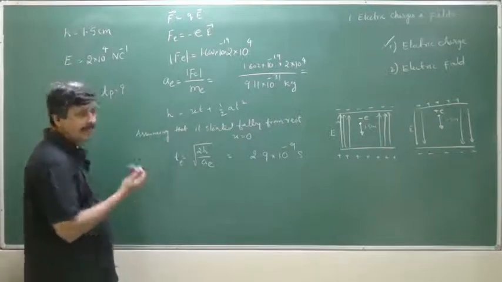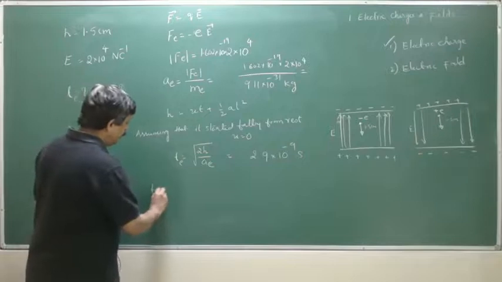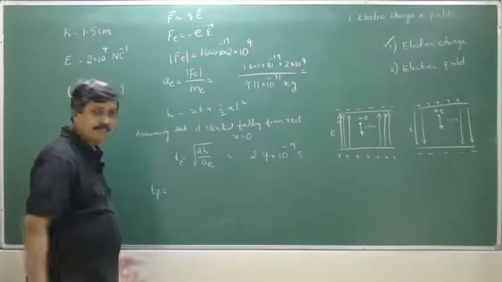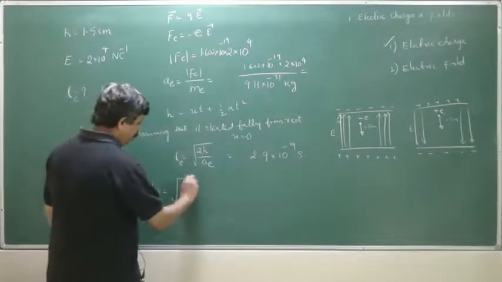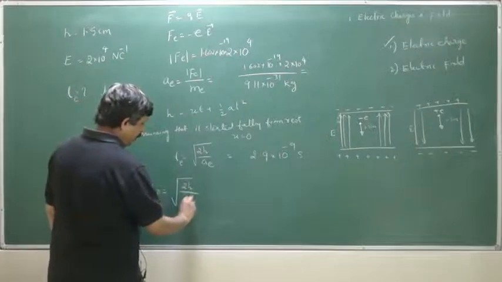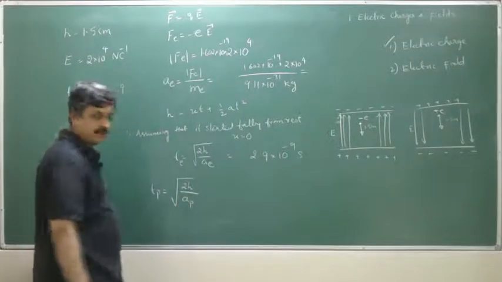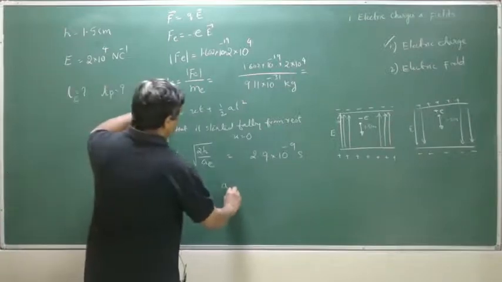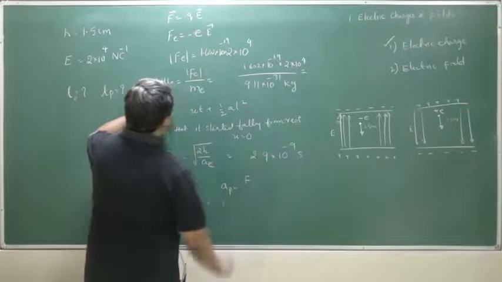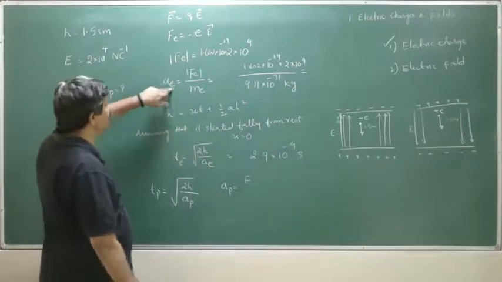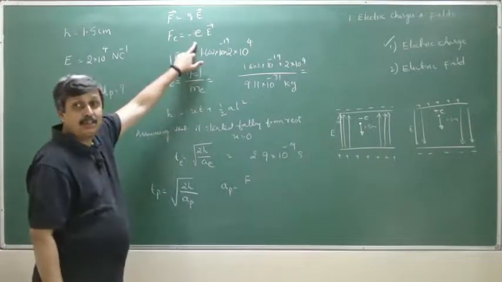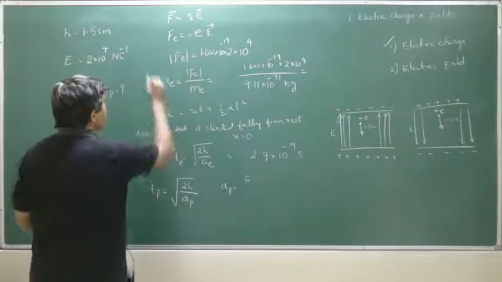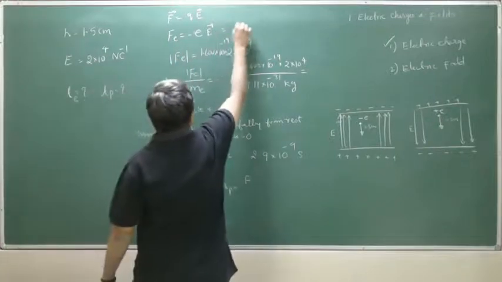Similarly, you can calculate Tp, which is the same as the square root of 2h divided by ap, the acceleration of the proton. So the acceleration of the proton is nothing but the force. Okay, the force here is the same, because Fe is also equal to Fp.